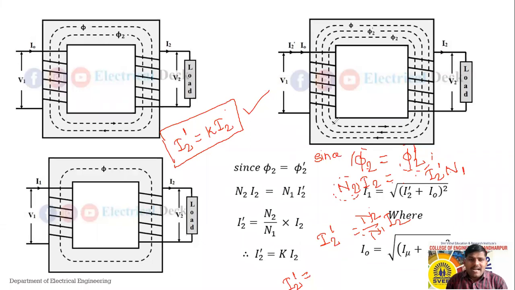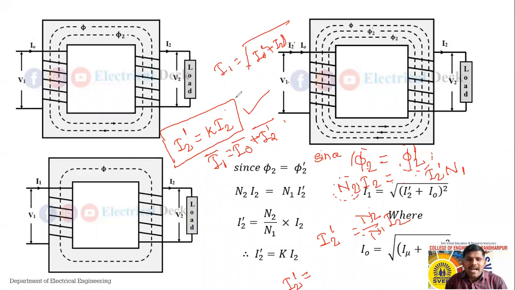Okay. And I1 is equals to काय आहे? मी इक्वेशन सांगितलं तुम्हाला. I1 bar equals I0 bar plus I2 dash bar. Now see, if I want to find the magnitude of this I1, I1 equals the square root of the sum of squares of these two terms, that is I0 square plus I2 dash square.